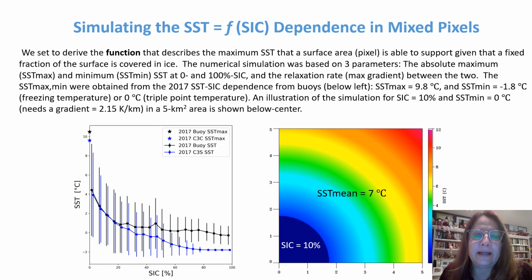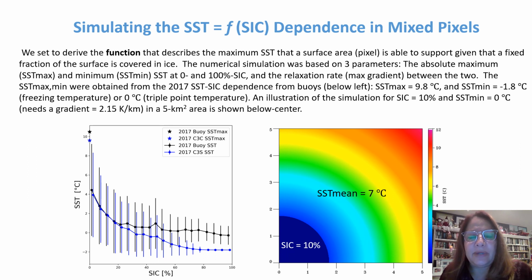So in this next stage, we try to derive the SST sea ice concentration dependence using a numerical simulation based on physical principles. The idea is that we want to simulate the maximum SST that a pixel is able to support given a certain amount of ice.